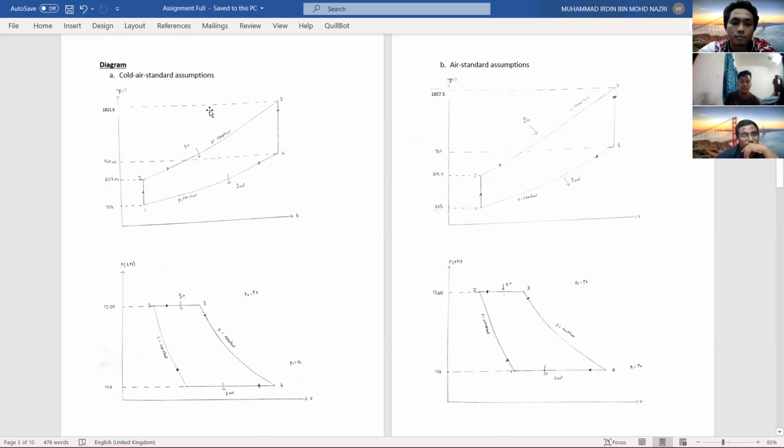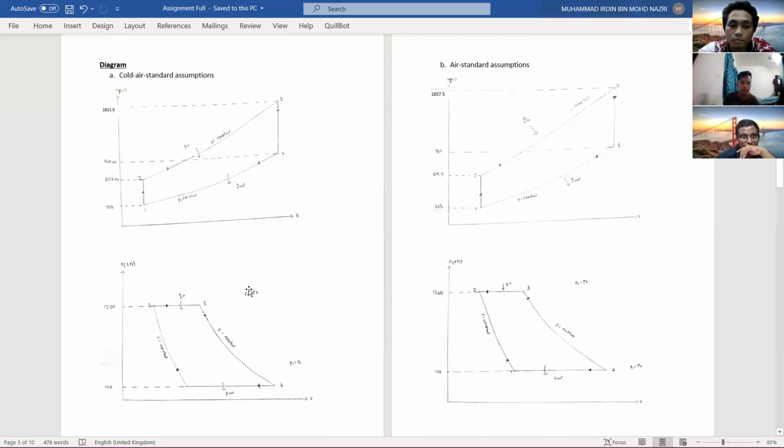As you can see, the values for both assumptions are slightly different. As you can see here, T3 is 1821.5 Kelvin for the cold air standard assumption. But for the air standard, the value is slightly lower, which is 1657.5 Kelvin.